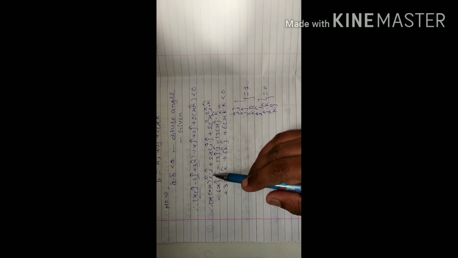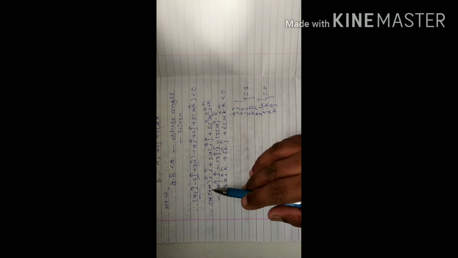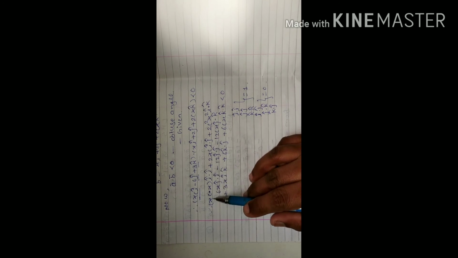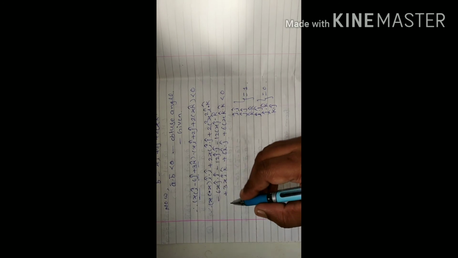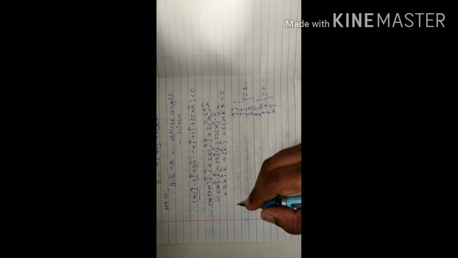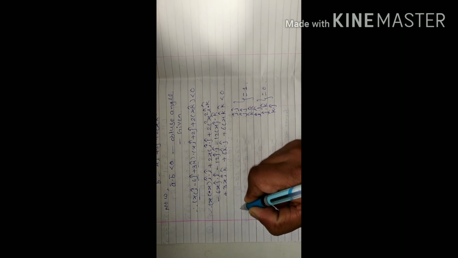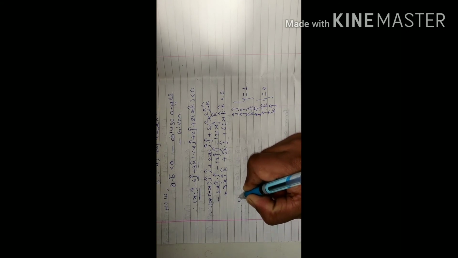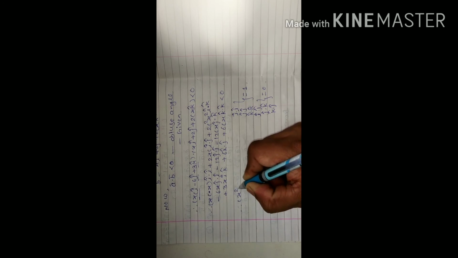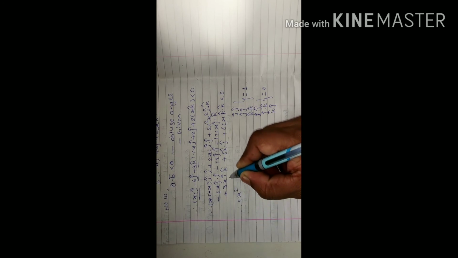Then i cap dot i cap is 1. Then we get xc times x, that is cx square, into 1, that is cx square.